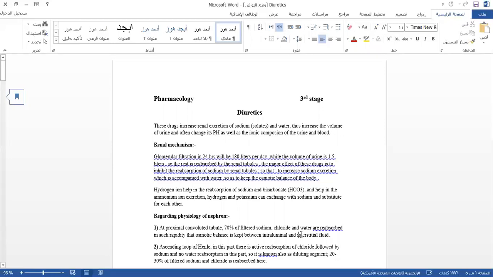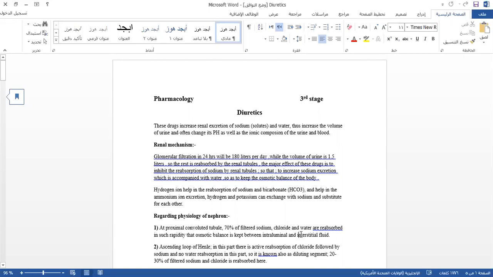So the rest is reabsorbed by the renal tubules, and the major effect of diuretics is to inhibit reabsorption of sodium by the renal tubules, so that sodium excretion increases, which is combined with water to keep the osmotic balance of the body. The hydrogen ion, an important point here, helps in reabsorption of sodium and bicarbonate, HCO3, and helps in ammonium ion excretion.